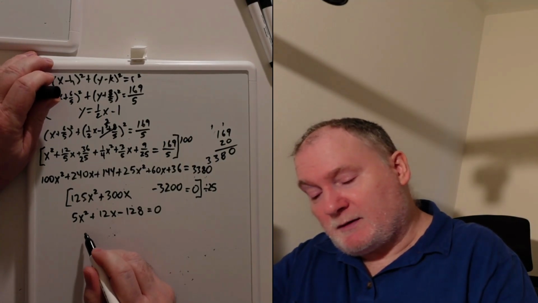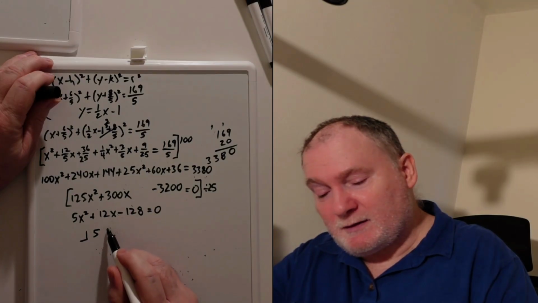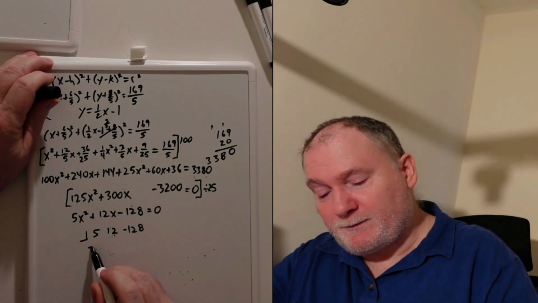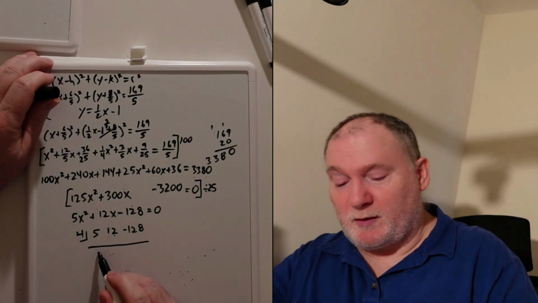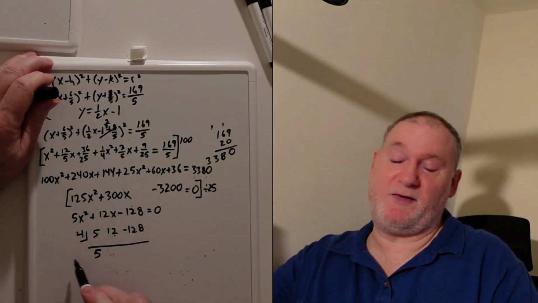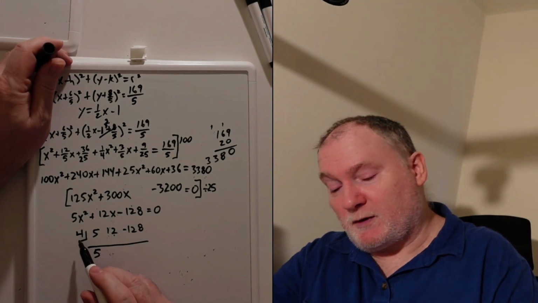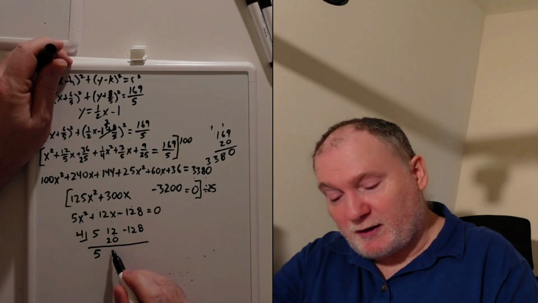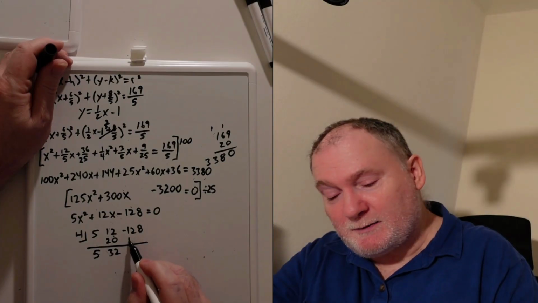So we set up a little box and we write our coefficients: 5, 12, negative 128. And we put the root in the box. So we bring down the 5. This is called synthetic division. So 4 times 5 is 20. We add and we get 32. 4 times 32 is 128. We add and we get 0.